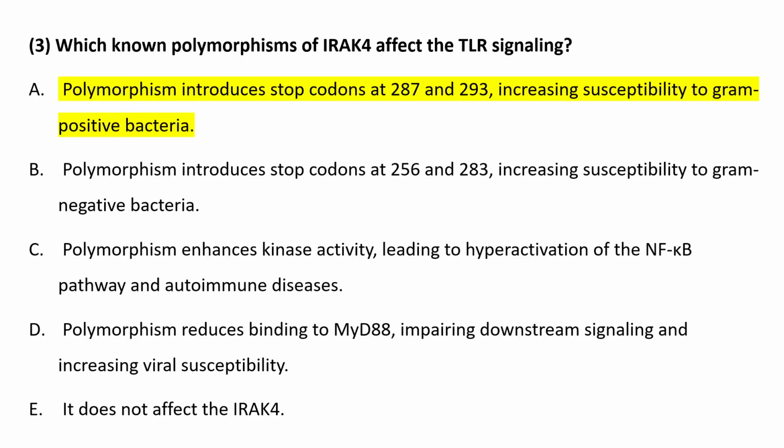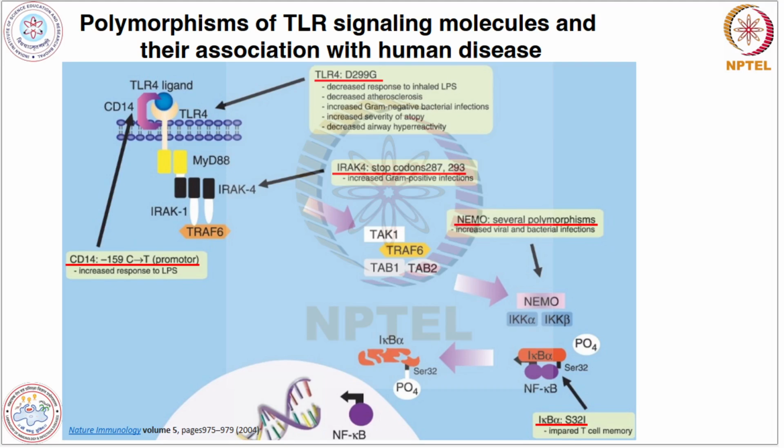Here the question was which known polymorphism of IRAK4 affects TLR signaling. The answer was that the polymorphism induces stop codons at the 287 and 293 positions, which increases the susceptibility to gram-positive bacteria. So in the case of IRAK4, the stop codons 287 and 293 increased the gram-positive infection.